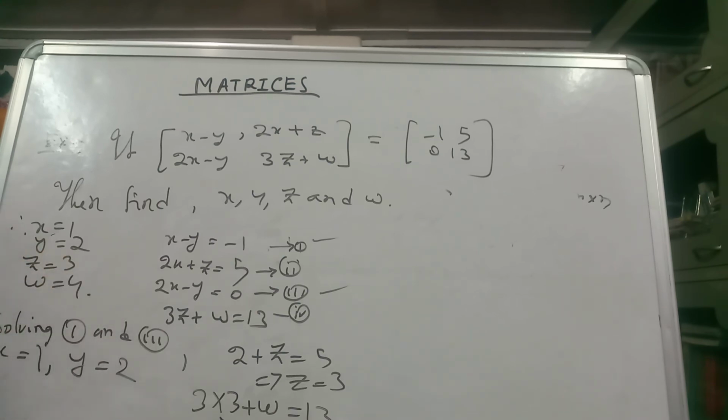So dear students, in today's class I have given you just a simple description of matrices: what is a matrix, and the various types of matrices, like row matrix, column matrix, symmetric matrix, scalar matrix, identity matrix, zero matrix, etc., and two simple examples.